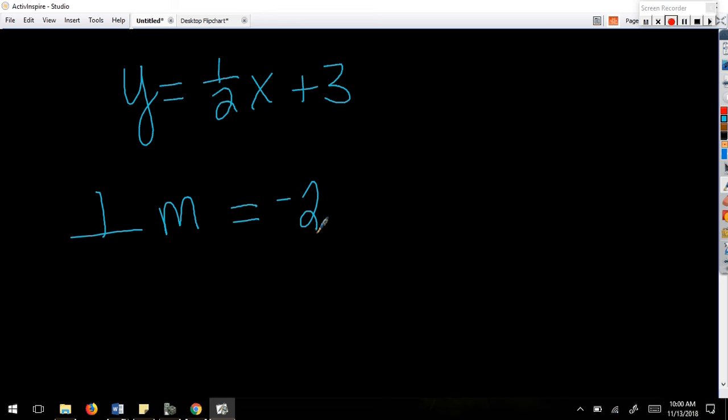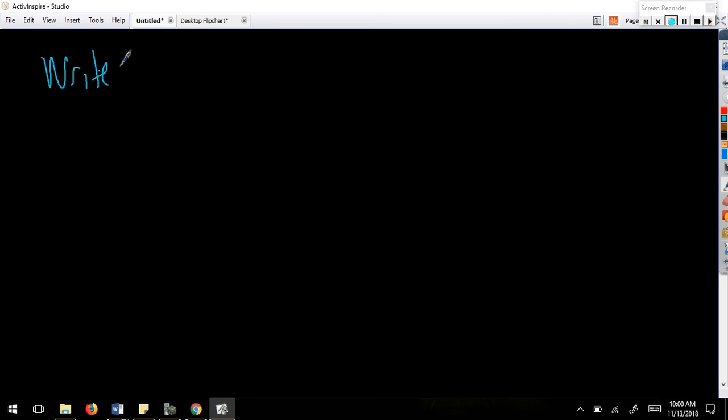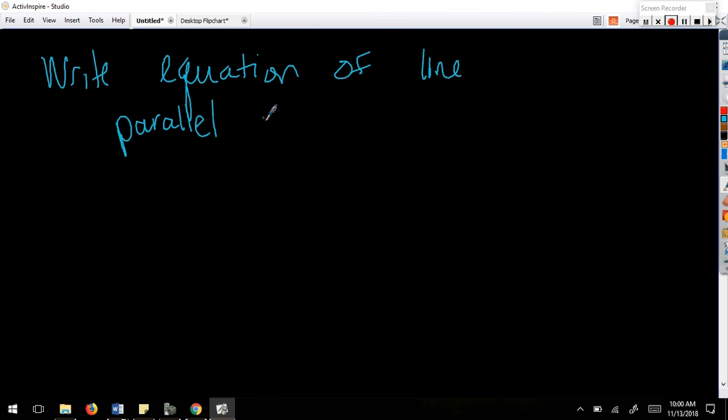Okay, we're going to use this information to write equations. Watch what happens. Let's say I want to write the equation of the line. It's going to have two stipulations. It's going to be parallel to y equals 3x minus 1.